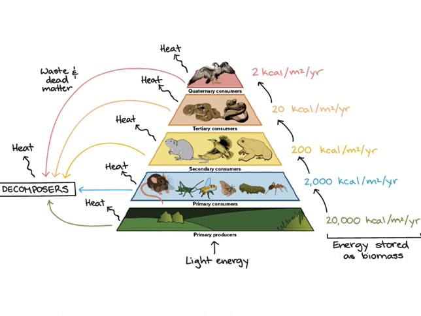So not all of the producers are eaten by the primary consumers, not all of the primary consumers are eaten by the secondary consumers, and so on. So it's important to understand how much of the biomass from each trophic level is transferred to the next level. In other words, the efficiency of the biomass transfer, and how biomass is lost by organisms at each trophic level within the food chain.